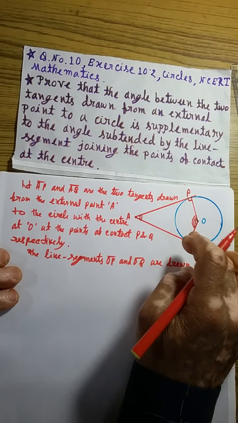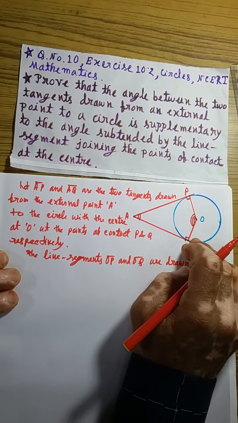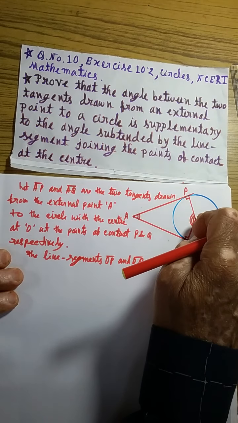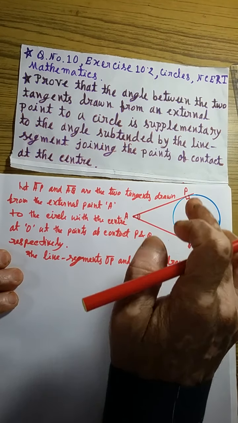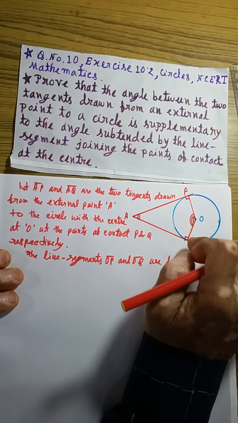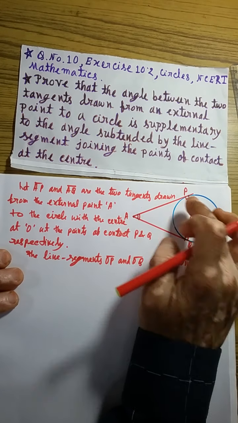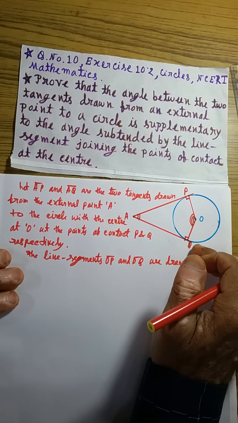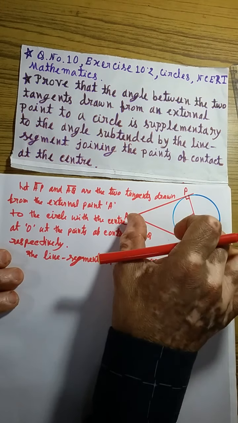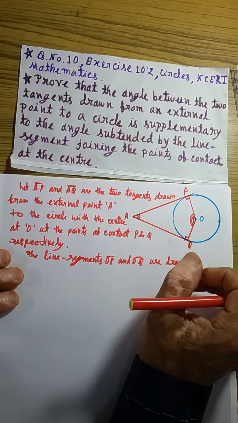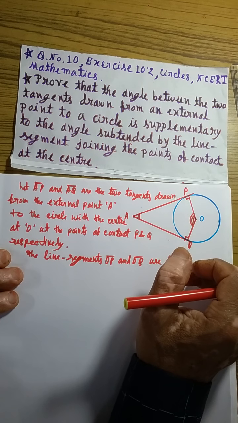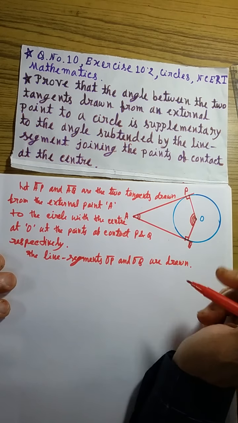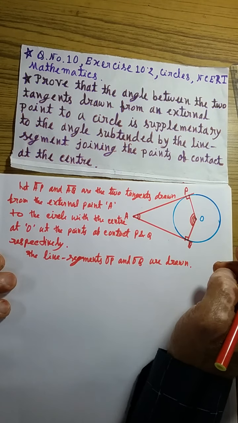So at last we have got the two supplementary angles which we have to prove, PAQ and QOP respectively. These two angles PAQ and QOP, which we have got now after having drawn the diagram, we have to prove that these two angles are supplementary to each other. That means the sum of the measures of these two angles is equal to 180 degrees.